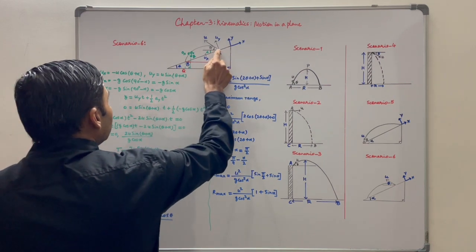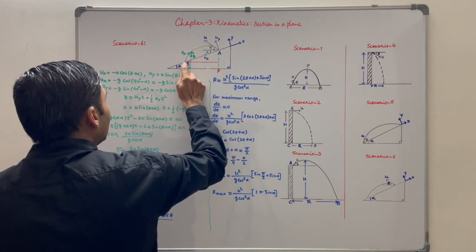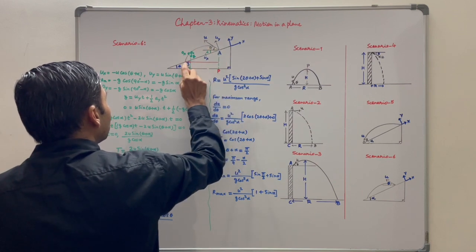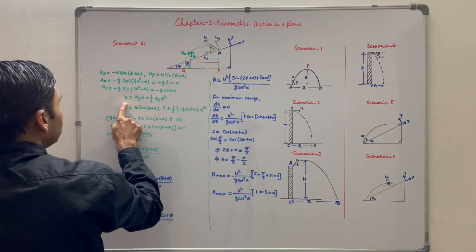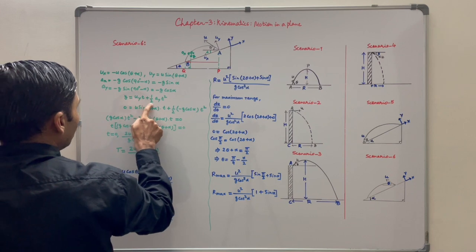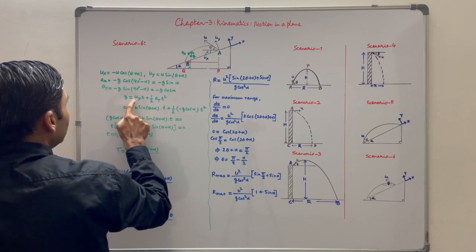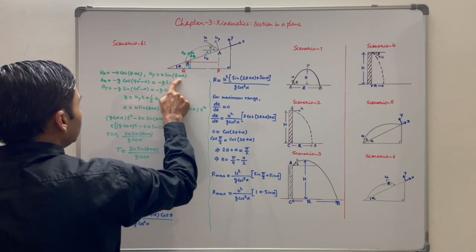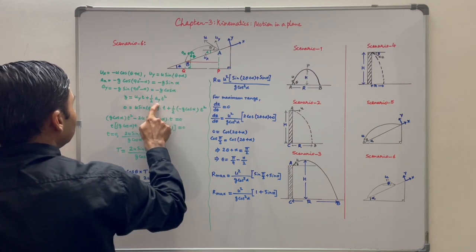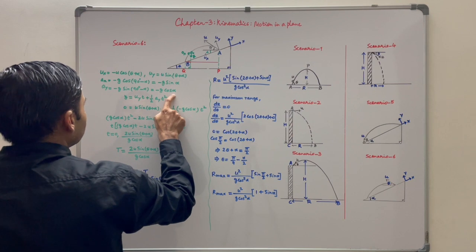When particle hits the plane at point B, vertical displacement is equal to 0. So y is equal to uy t plus 1 by 2 ay t square. y is equal to 0, uy is equal to u sin(theta plus alpha) and ay is equal to minus g cos alpha.